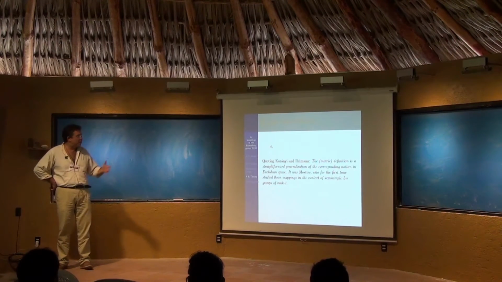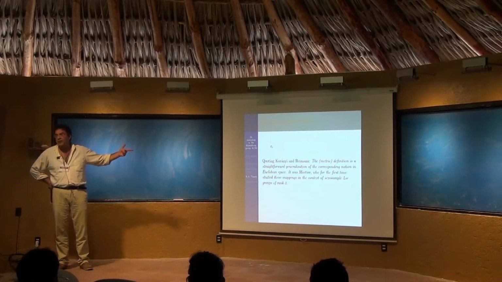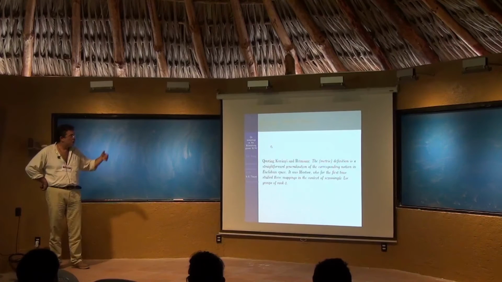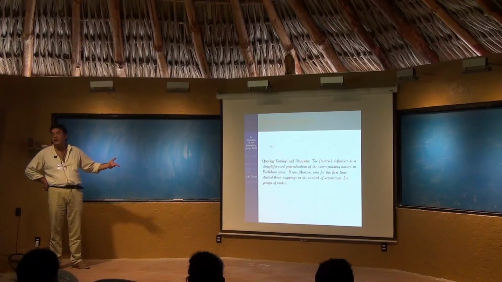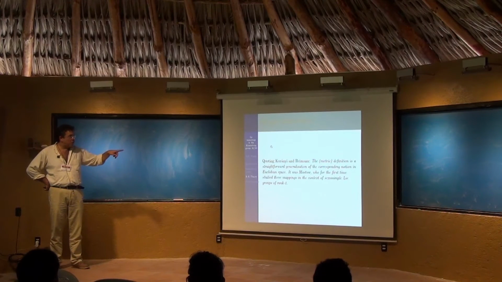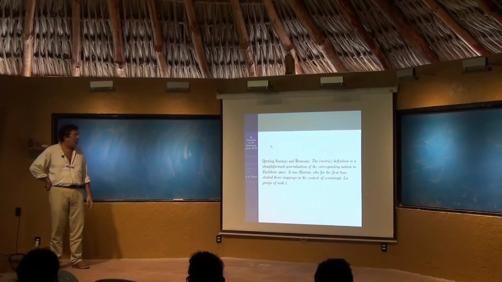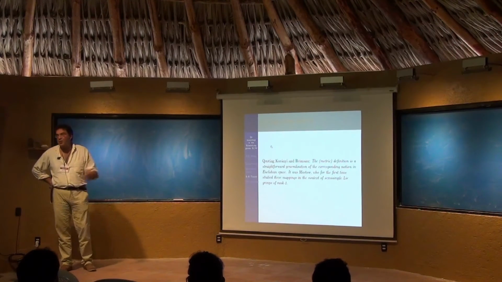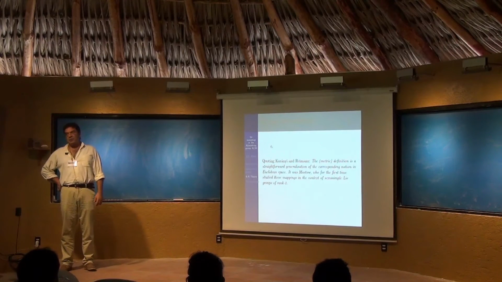You just need a metric space. Quoting Korányi and Reimann, the metric definition is a straightforward generalization of the corresponding notion in Euclidean space. And Mostow, for the first time, studied these mappings in the context of semi-simple Lie groups of rank 1. At the end of this talk, we will see that since Mostow, a lot of things have been improved.